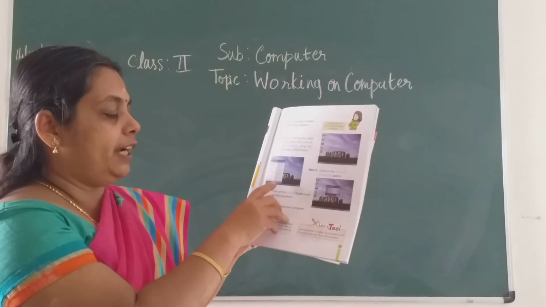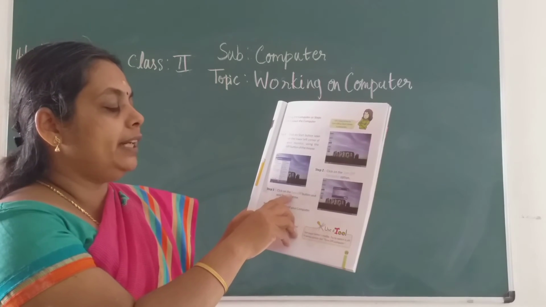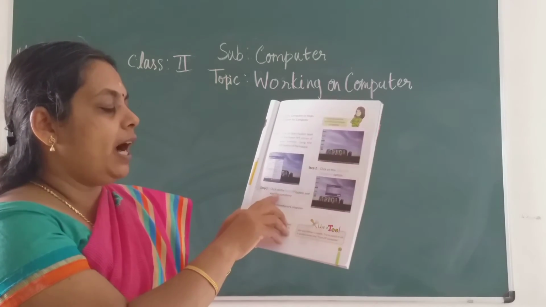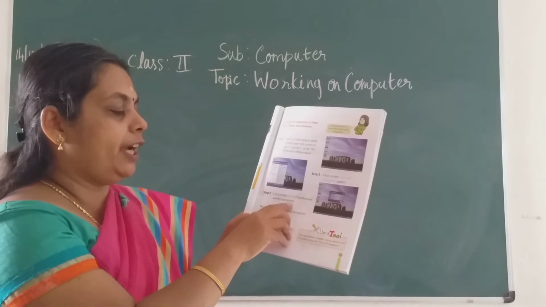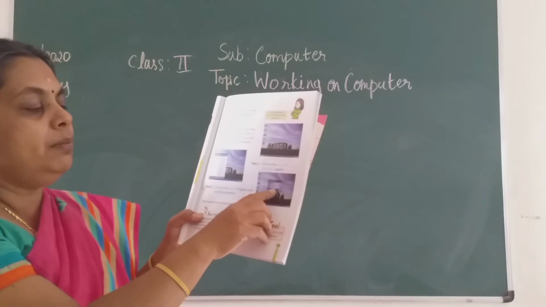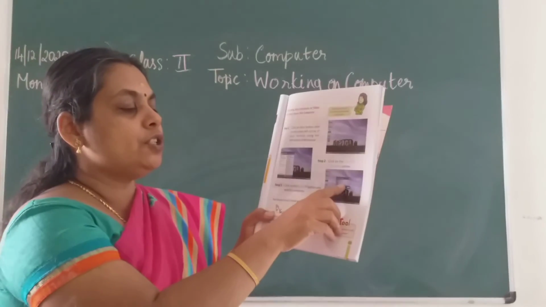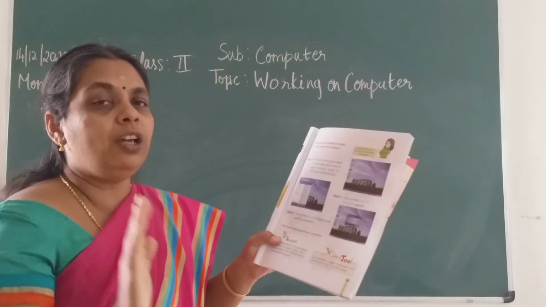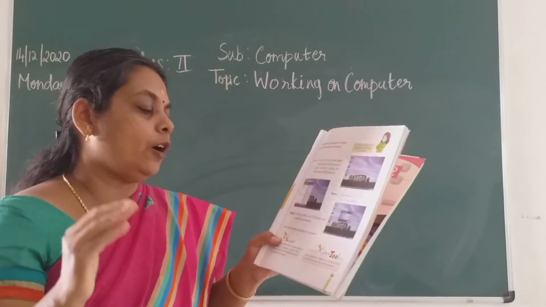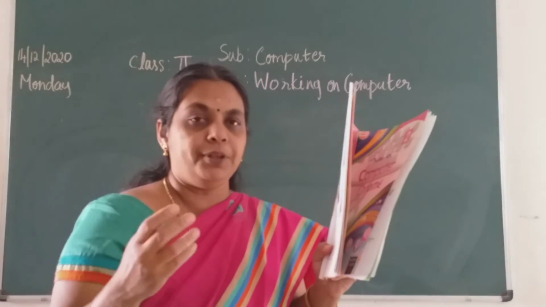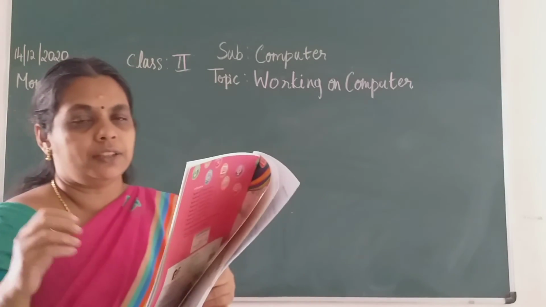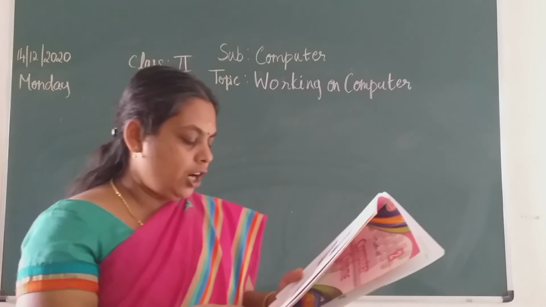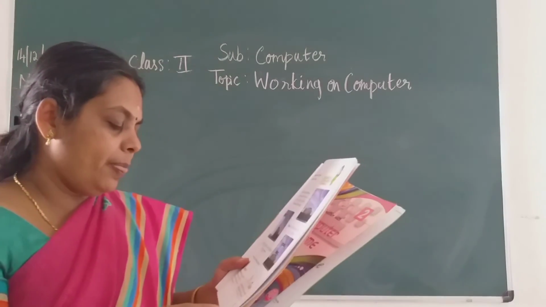Click on that. Then third, click on the turn off button and wait for some time. Again this will come, it will ask for shut down. Click on that and wait for some time. Then automatically your computer will get off, children.